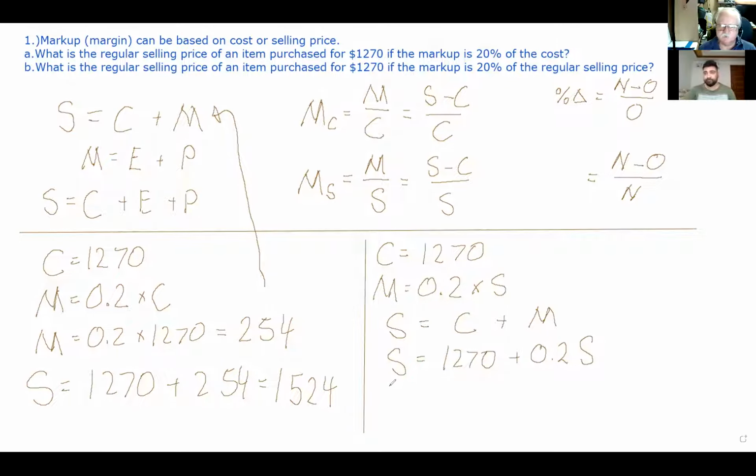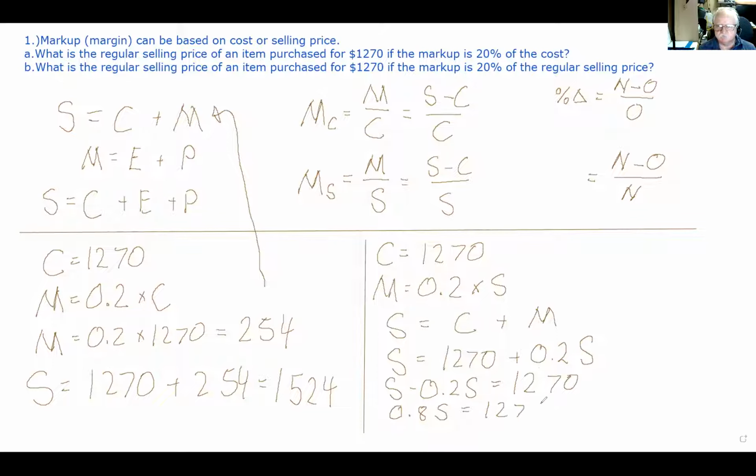This 0.2 has to leap over here. S minus 0.2 S equals 1,270. So there's an invisible one here. So 1 minus 0.2 is going to become 0.8 S equals 1,270.